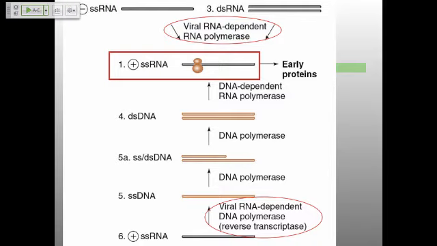So this is sort of the exception as opposed to what's being packaged. The ones that most people study, i.e. HIV and friends, are these positive strand, single-stranded RNA that's packaged. But you certainly have the double-stranded DNA as well that's packaged and still goes through this reverse transcription process.